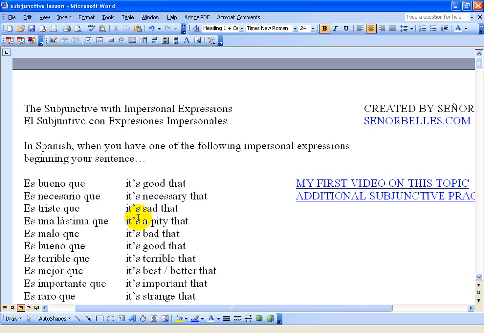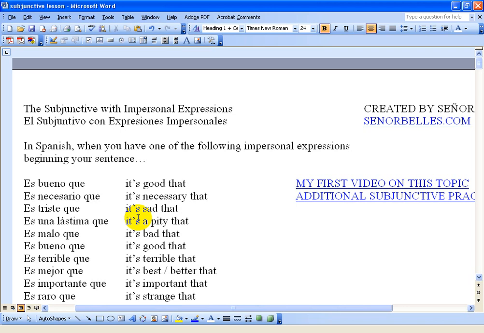So the present tense subjunctive, really the subjunctive, is something that does not exist in English, which makes it difficult for us gringos to get this down. So what you have to do is learn the different instances in which you're going to use the subjunctive and learn how to form the subjunctive.